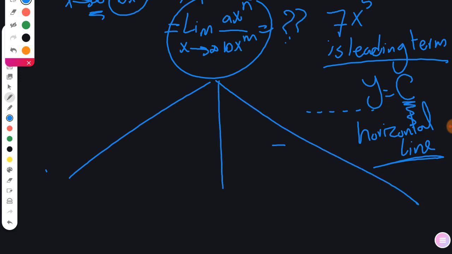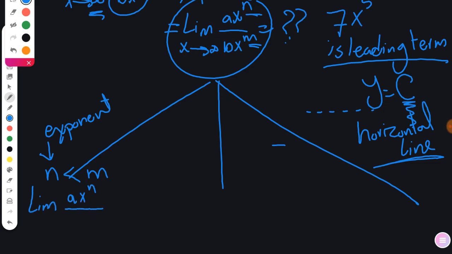If the exponent of the leading term in the numerator is less than the exponent of the leading term in the denominator, then the limit of a x to power n over b x to power m as x approaches infinity or negative infinity, anyway, will be 0.